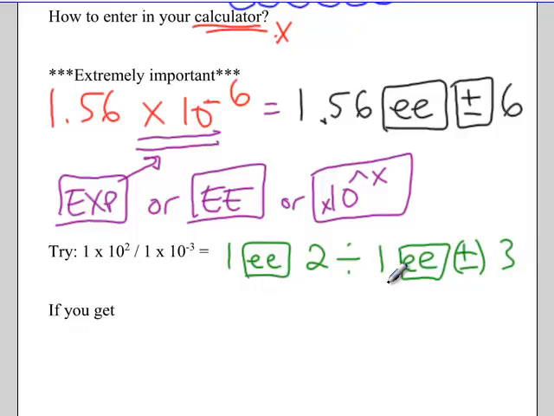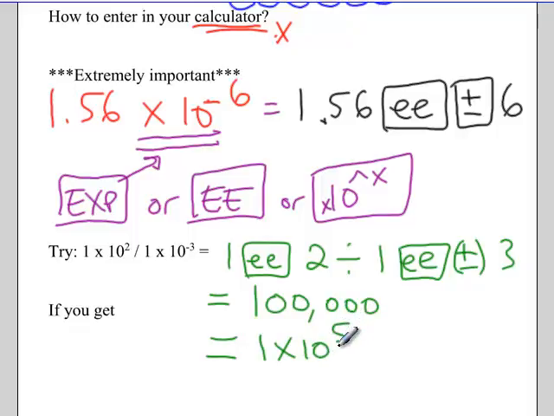If you do this correctly, when you hit the equal sign, in normal notation, your calculator should give you an answer of 100,000. In scientific notation, we'd have to move the decimal over 5 places to the left, so this should be 1 times 10 to the positive 5th.